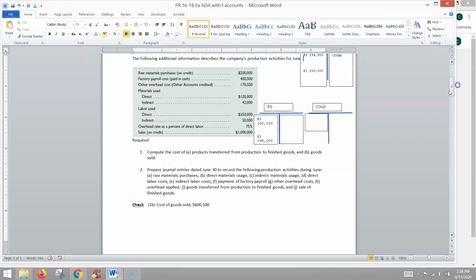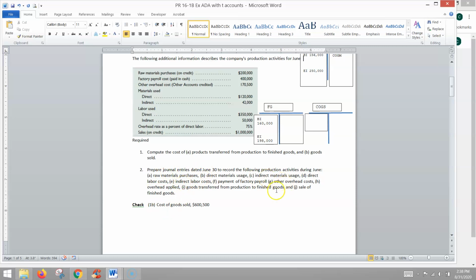Same numbers. We're also to prepare journal entries to record the following production activities during June: raw material purchases, direct materials usage, indirect materials usage, direct labor costs, indirect labor costs, payment of factory payroll, and other overhead costs. Overhead applied.